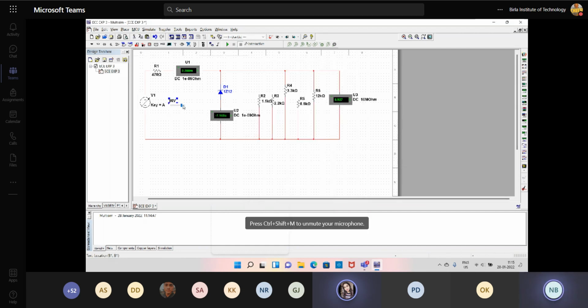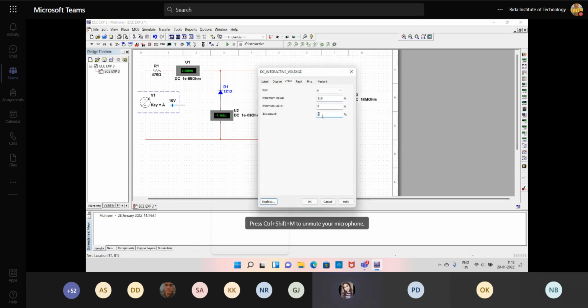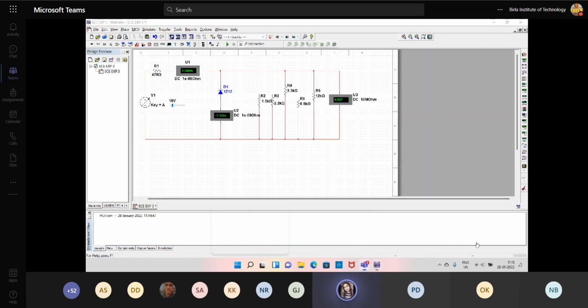Sir, as you are increasing the voltage, you can also observe the change in the voltage in that shunt circuit, right?